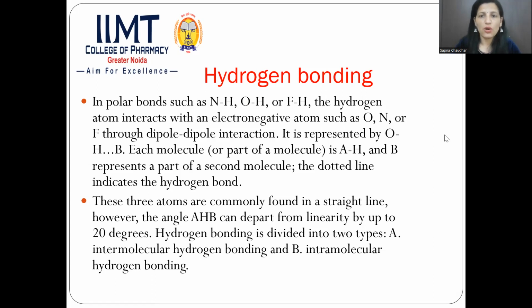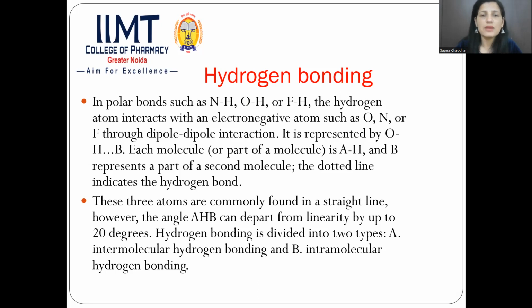These electronegative atoms pull electrons towards them. The hydrogen is electropositive, and when a highly electronegative atom is attached to the hydrogen atom, the hydrogen becomes electron deficient, and they make a weak attraction and force which makes the bond. Simply, that bond is called a hydrogen bond.